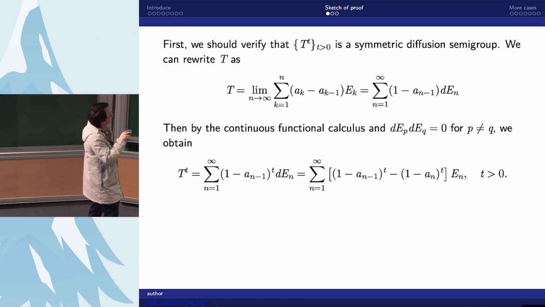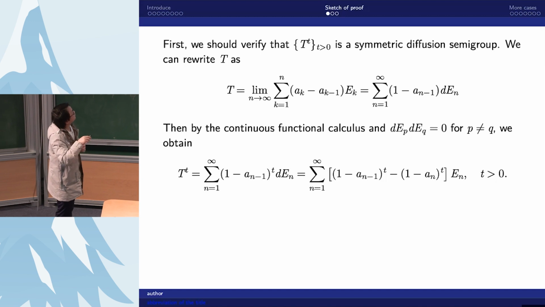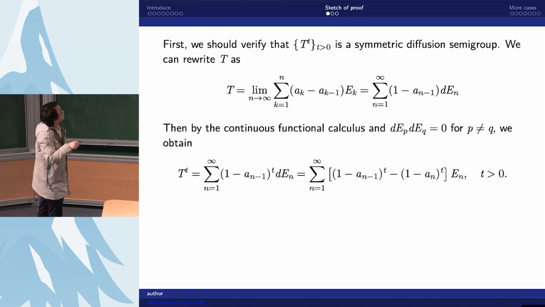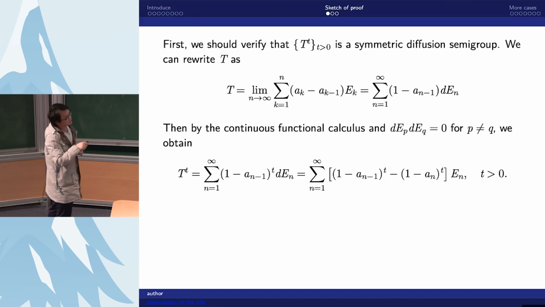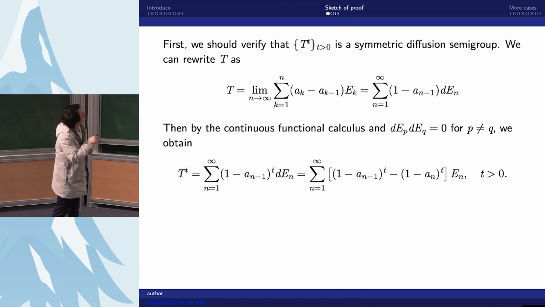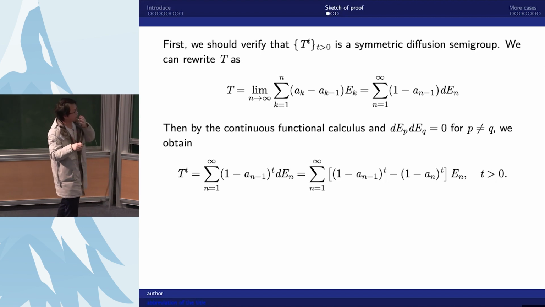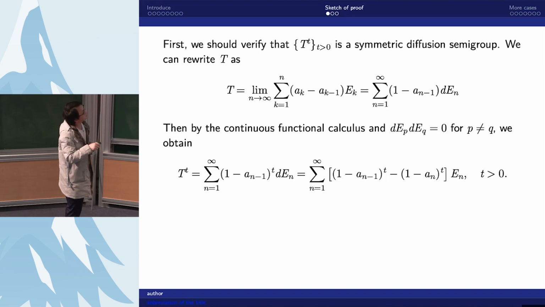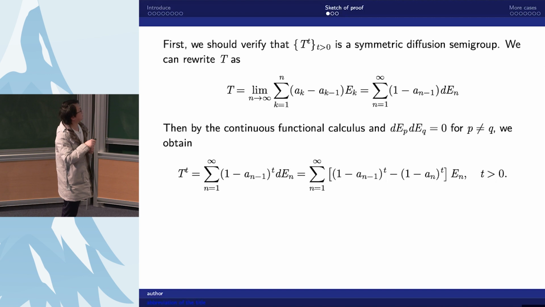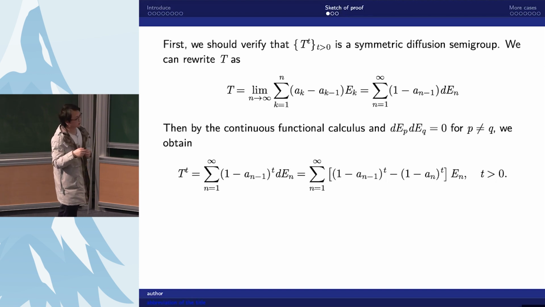Then since we choose a_n to be increasing, the coefficients are positive, and the conditional expectation is also a positive contraction. So T^t is also a positive contraction for every t and for every LP. Since E_n is also symmetric, T^t is also symmetric. And since a_n goes to 1 when n goes to infinity, T^t is Markovian.